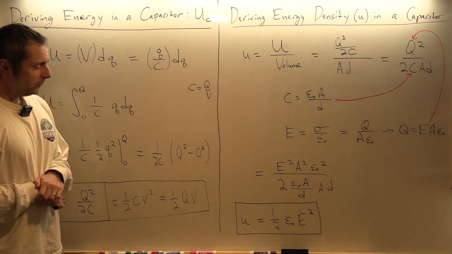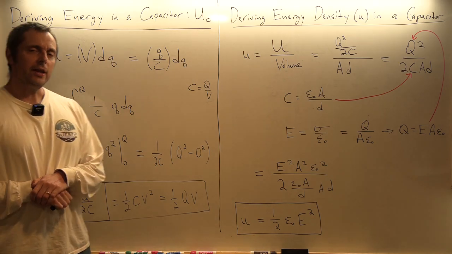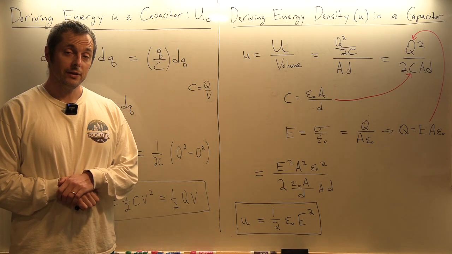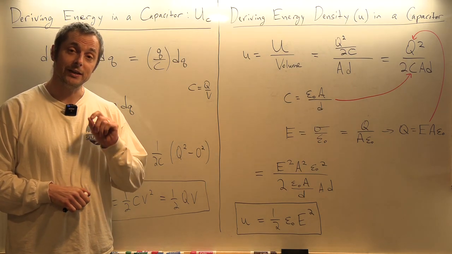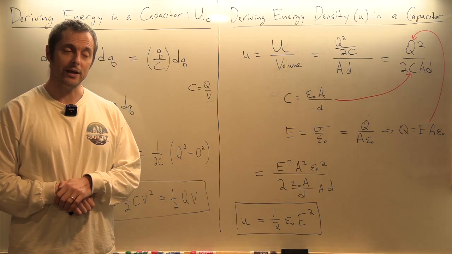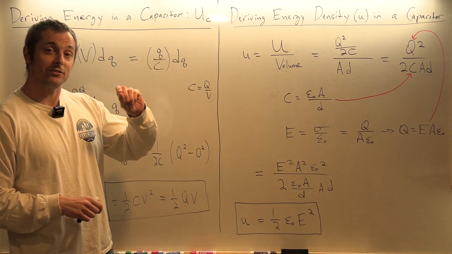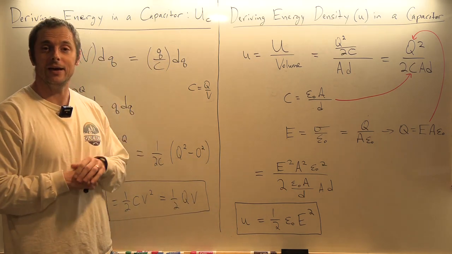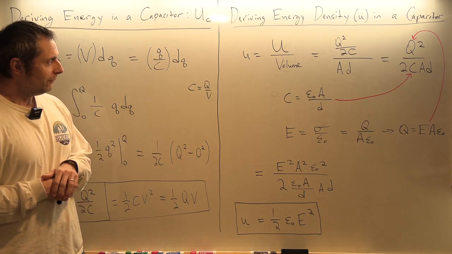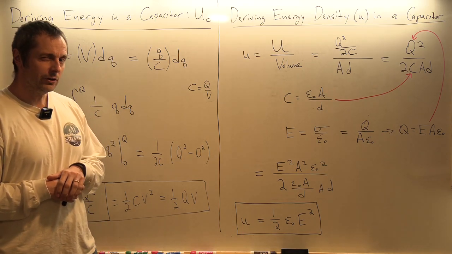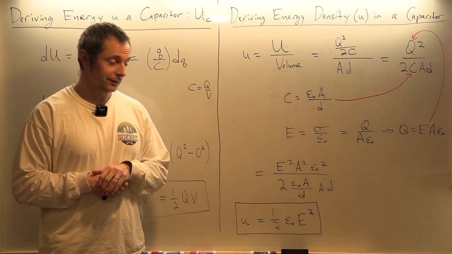And it's an interesting result because it shows that setting up an electric field has energy. There's energy in an electric field, okay? This much energy density. Everywhere there's an electric field, there's a little bit of energy density in that region. So kind of fascinating idea that the electric field itself is energy, okay?